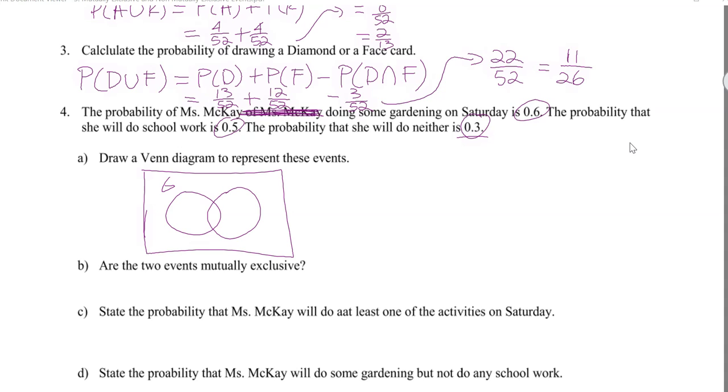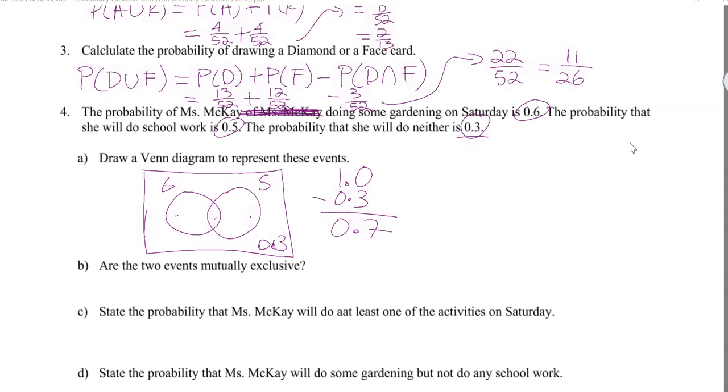So we've got gardening, we've got schoolwork, and what we do know is we've got 0.3 out here, which means that what's in here, here, and here must add up to 0.7. The whole box has to add up to 1. So these 3 parts here have to add to 0.7.